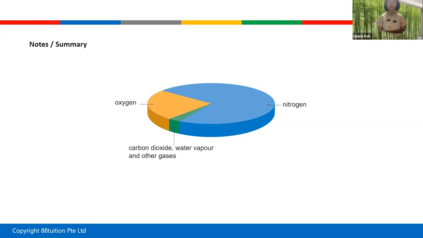I remember P5 haven't learned percentage. So when we were teaching this topic to the students, we didn't mention the percentages. But the majority is actually nitrogen. 78%, very good.